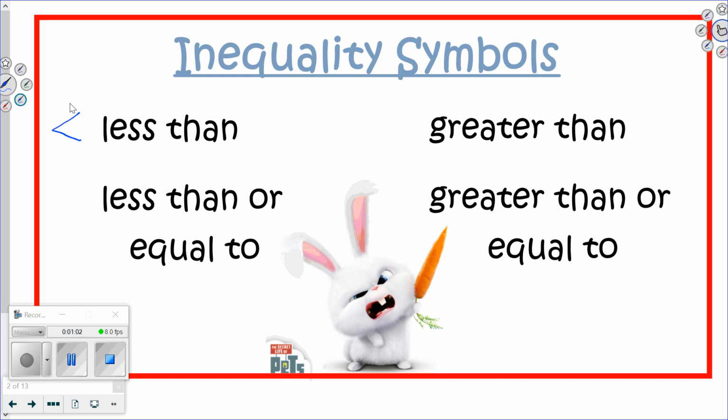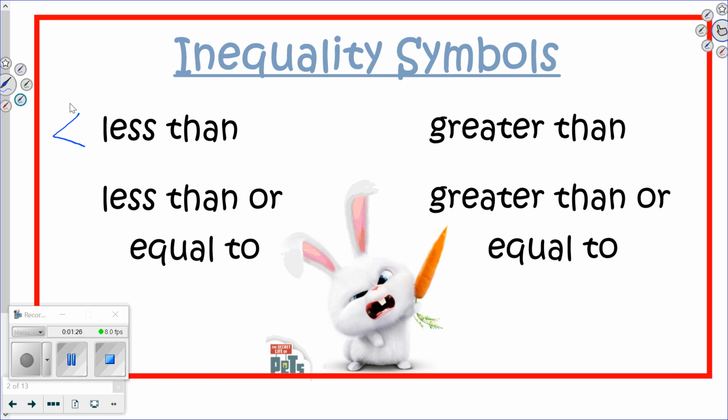It looks like an L that's just squished. Because it does make a difference. You understand that it's open to the bigger number, like the alligator or Pac-Man, however you learned it. I like Pac-Man because I can turn him into a Pac-Man real easy. But yeah, guys, less than looks like that.